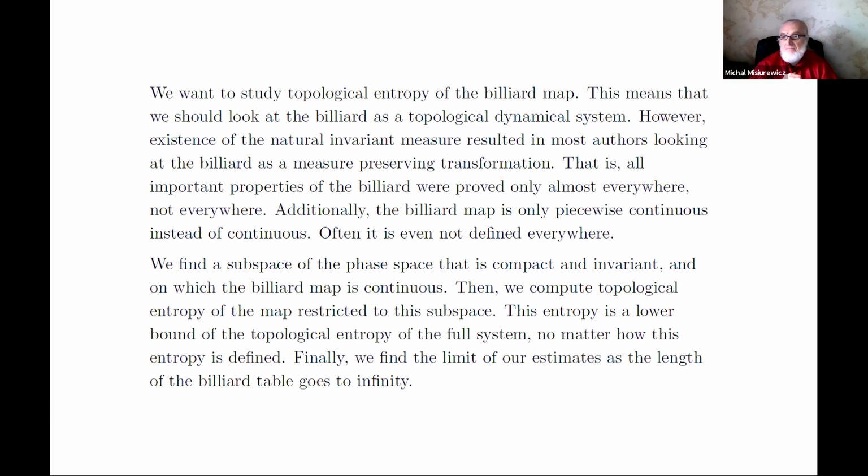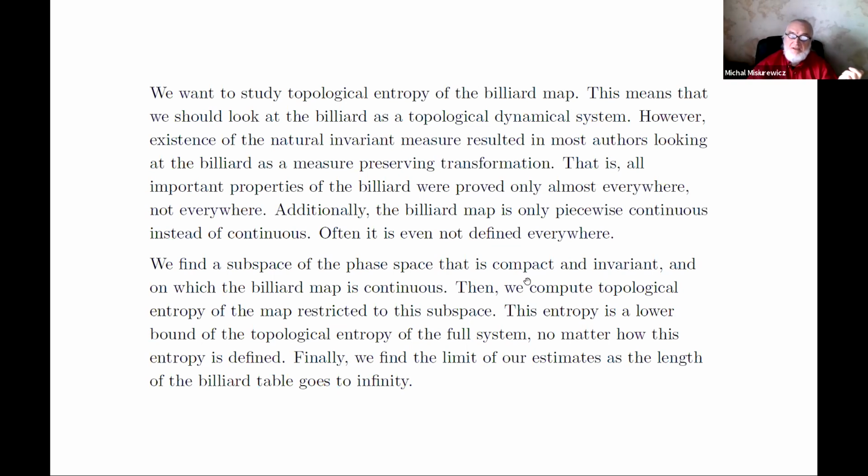But no matter which way of defining the topological entropy of the whole system you choose, if you do it in some reasonable way, then if you have an invariant subset of the whole system, the topological entropy on this subset is not larger than the topological entropy of the whole system.